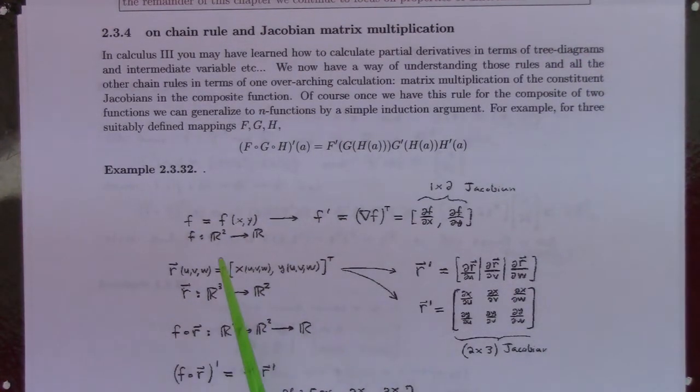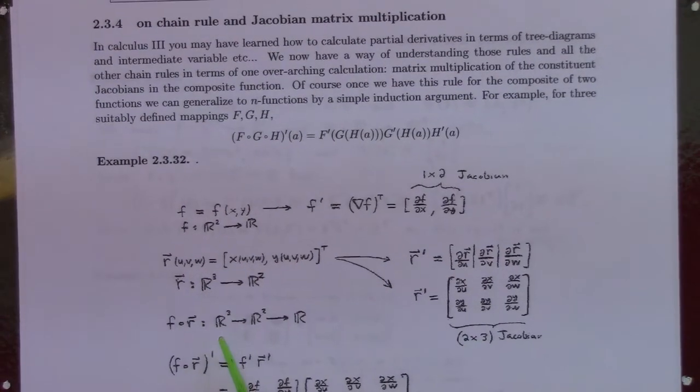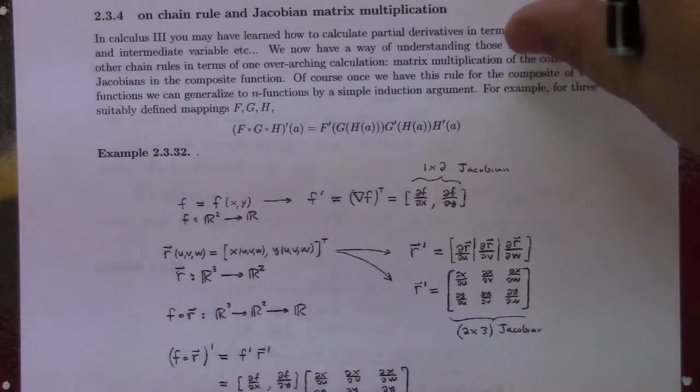If we have a function f from R2 to R, and x and y as functions of u, v, and w, then we can compose f and r to get a function from R3 to R. The Jacobian matrix of f would be partial f, partial x, a row vector. The Jacobian matrix of r would be this 2 by 3 matrix: xu, xv, xw, yu, yv, yw in the usual shortcut Calc 3 notation.